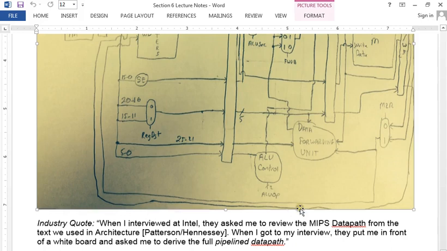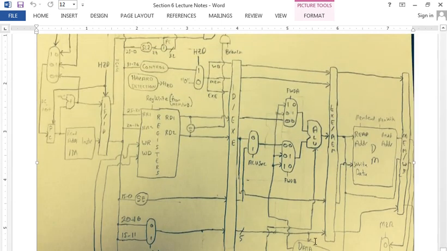To include an industry quote, I guess I didn't put Ransford's name. When I was interviewed at Intel, they asked me to review the MIPS data path from the architecture of Patterson, Hennessy. When I got to the interview, so he studied the single cycle question, and they said, all right, you know single cycle, break it up into pipeline. So they asked him in the interview to draw this.